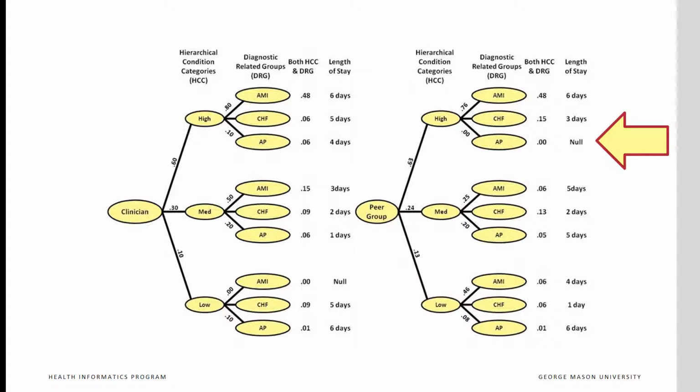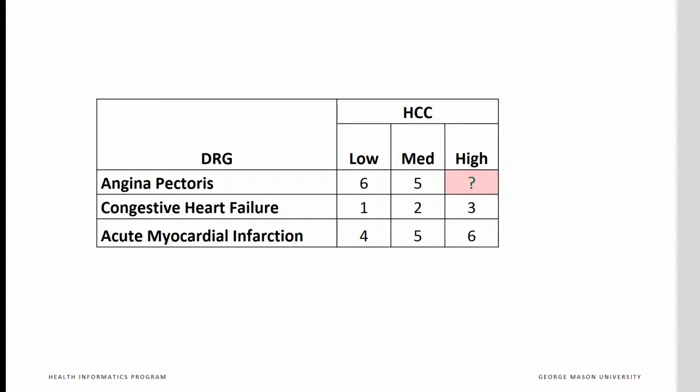The peer group's expected outcomes are calculated with the clinician's frequency, so we are not missing the frequencies. But the outcome for the peer group for these types of patients is not known and should be estimated. We do not know the outcome for angio pectoris with the high HCC category. To estimate this outcome, we calculate the marginal outcomes.